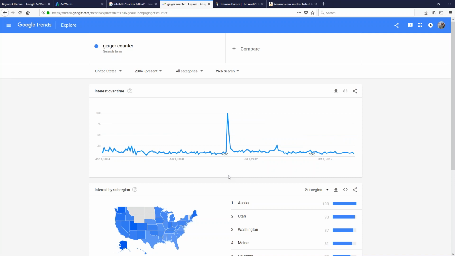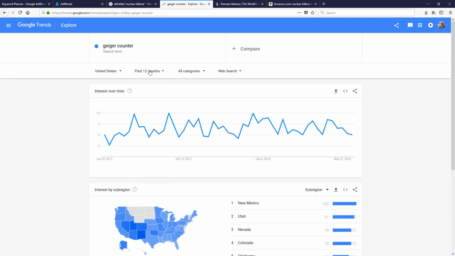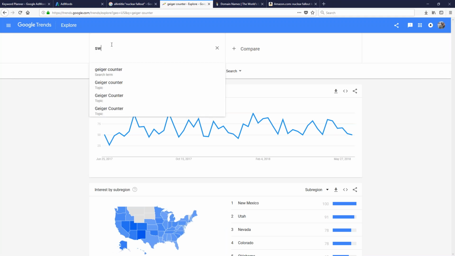There's not a ton more or less interest in it now than there used to be. So, as far as long-term stability, I believe that this, again, could be a good potential niche to pursue. Now, when you compare this with something that is obviously going to be seasonal, you can see a major difference.